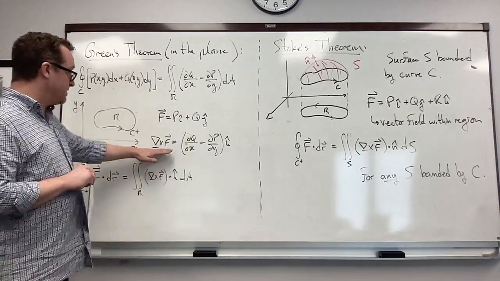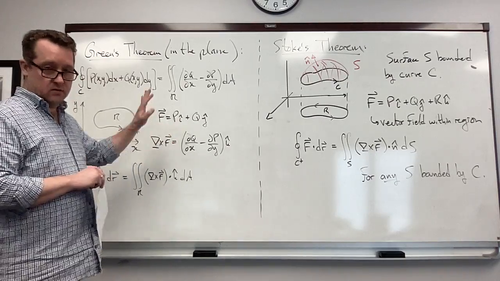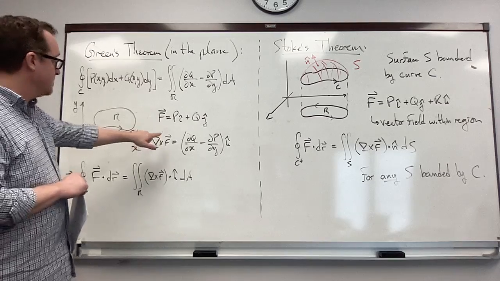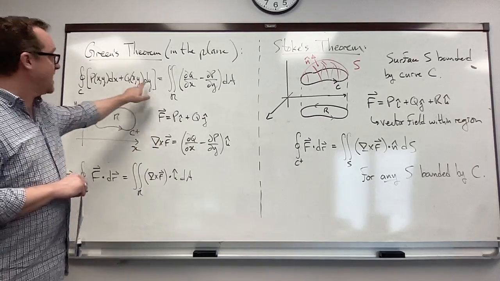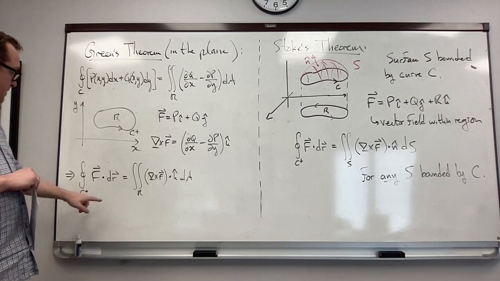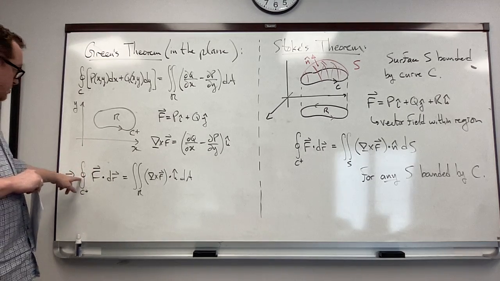And that's nothing special about F. This is for a general F. We'll talk about conservative in a minute. So with these two observations, you can recast this as the closed contour integral of F dot dr, which could be the work done by a force F around this closed contour.